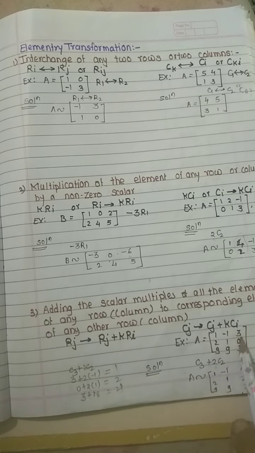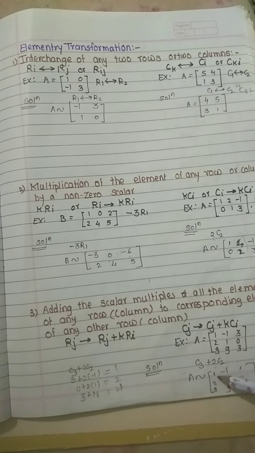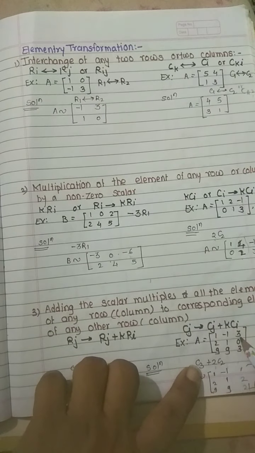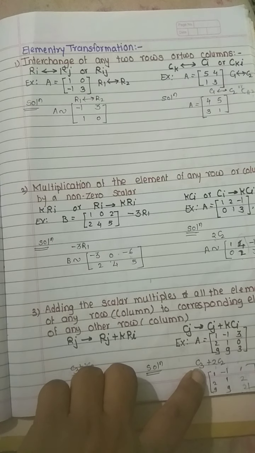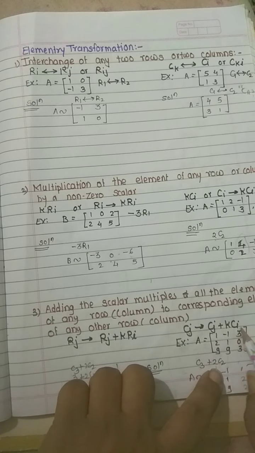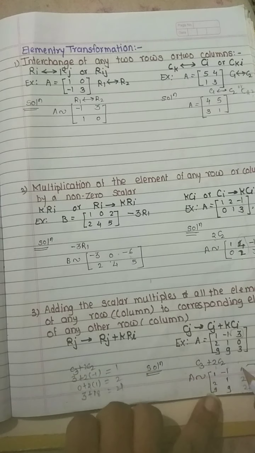First column and second column remain the same. First column elements 1, 2, 9 remain the same. Second column elements -1, 1, 9 remain the same. And the third column elements are 3 plus 2 times the corresponding element of C2, which is -1. That is 3 - 2, the value is 1.